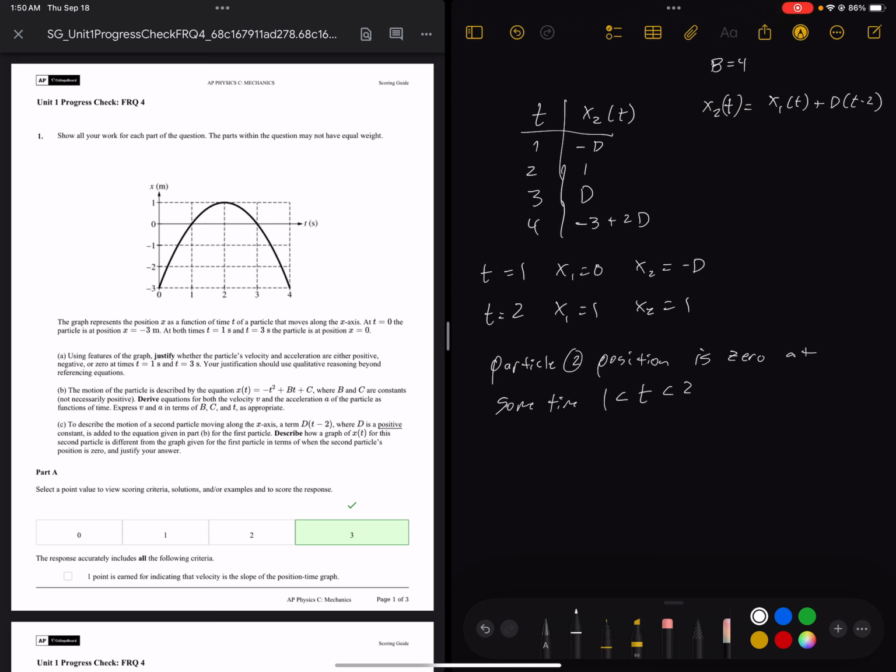All right, so we know the position of the particle is d at time t equals 3, okay? And as time increases, at some point the particle has to be at x equals 0 again, because this particle is also accelerating with a negative acceleration, right?